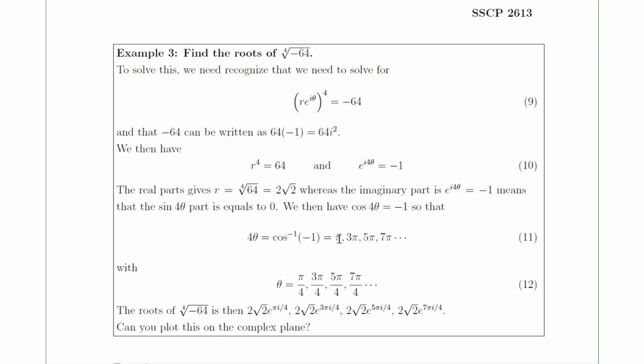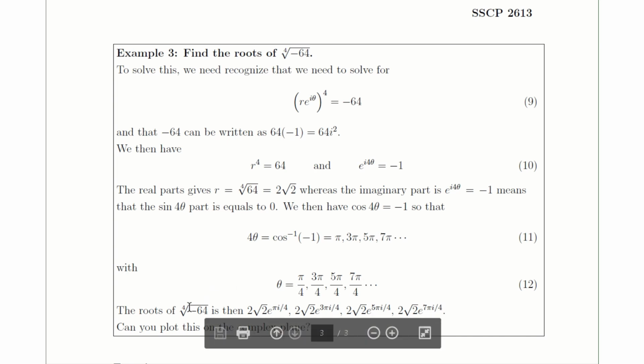But we are only concerned with these 4, because if you go further than this, you are going to get the answer in the same quadrant. So now theta is simply these values, pi, 3 pi, 5 pi, 7 pi, divided by 4 because you have a 4 on the left hand side. So finally the answer that I want is theta equals pi over 4, 3 pi over 4, 5 pi over 4, and 7 pi over 4.